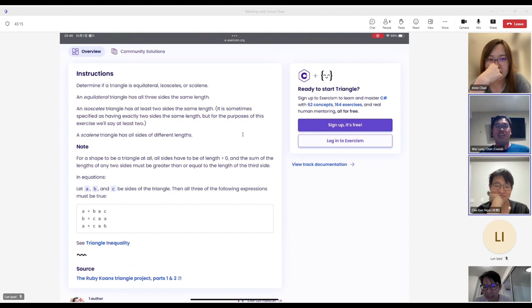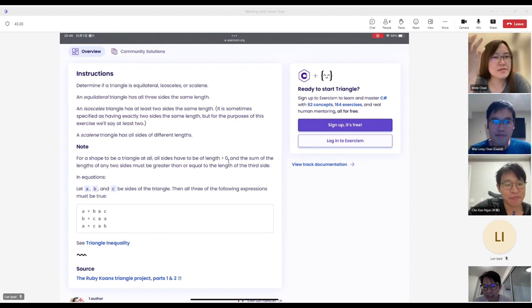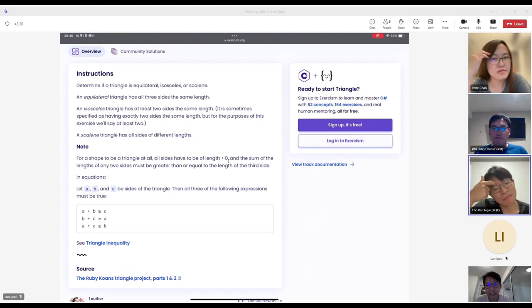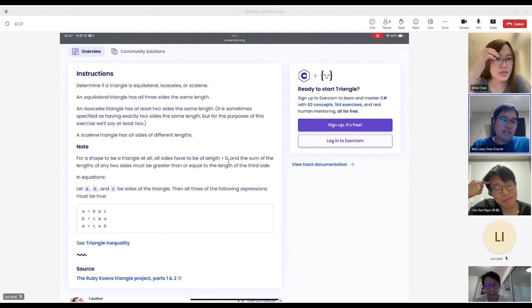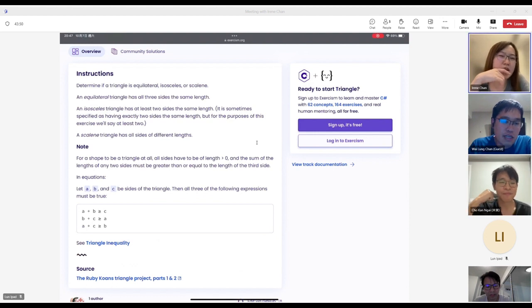First of all, I think we need to determine whether it is a triangle first. It may not be a triangle, even if they have 3 lines. You mean the ends don't come together? It's just 3 lines. If you have 3 lines, how can it not be a triangle?